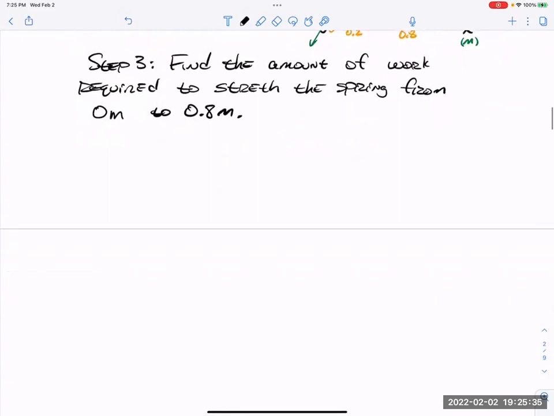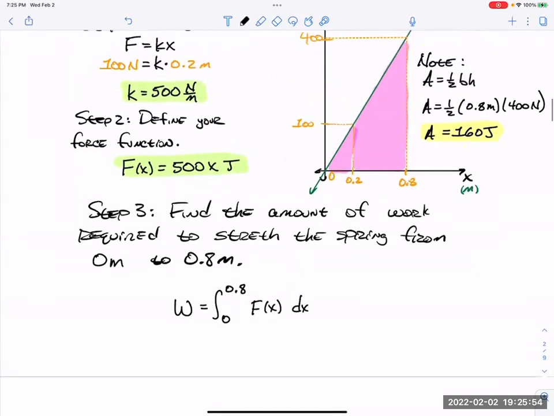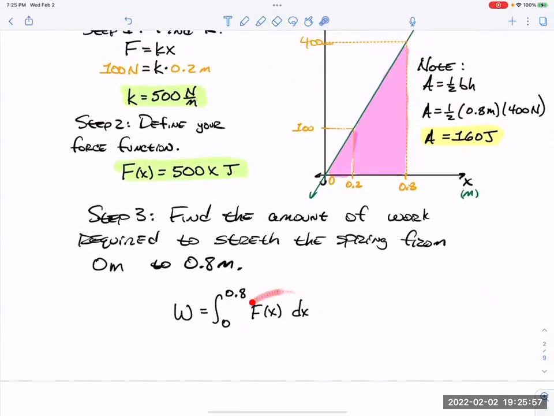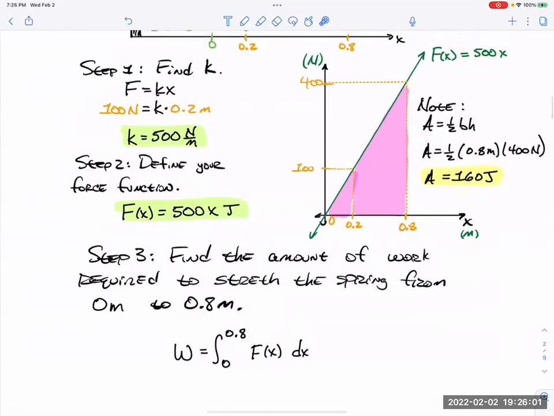Your work would be, in this case, the integral from 0 to 0.8 of your forcing function f of x dx. If this is your forcing function f of x, which we had written before, and you want to find the area below this curve from 0 to 0.8, this is the integral.